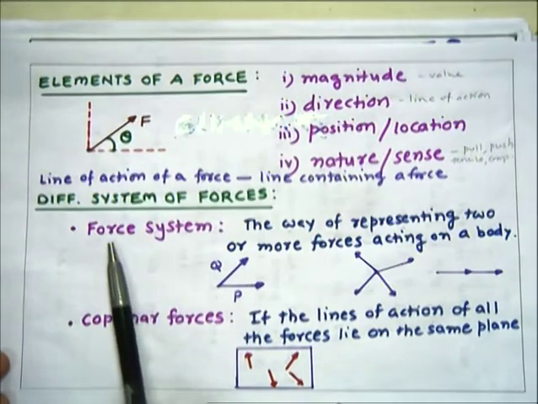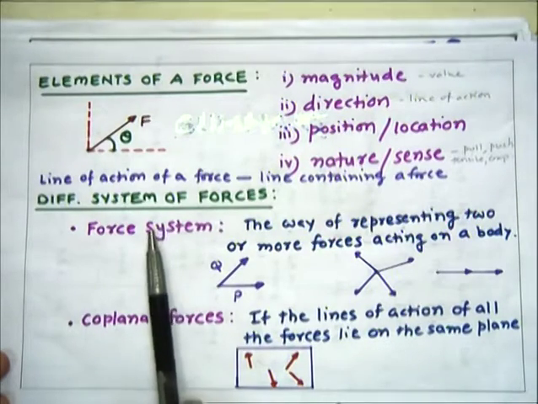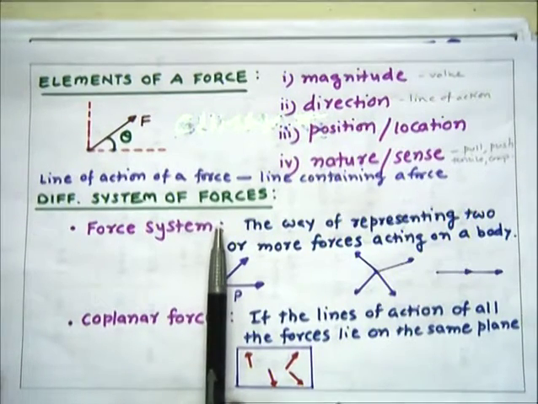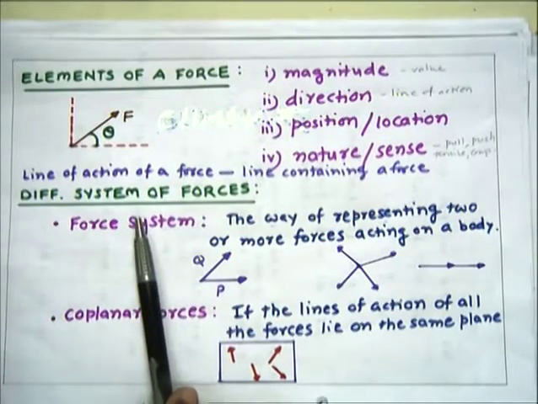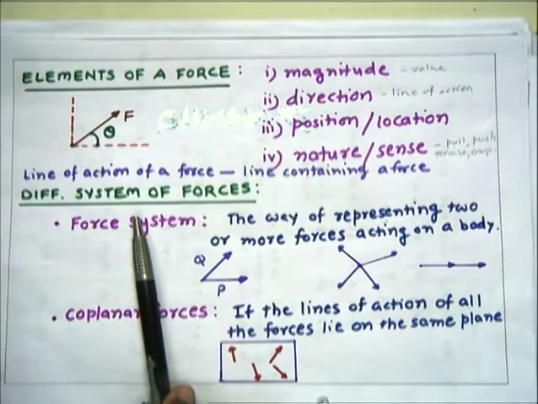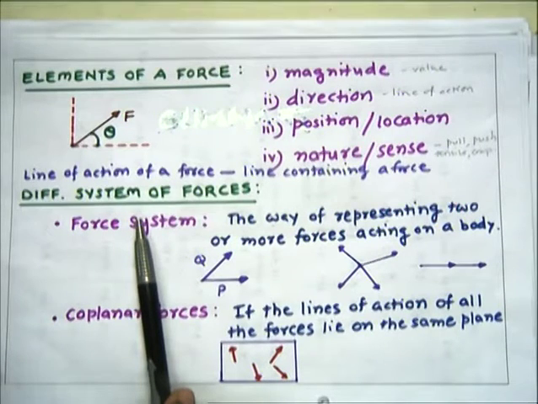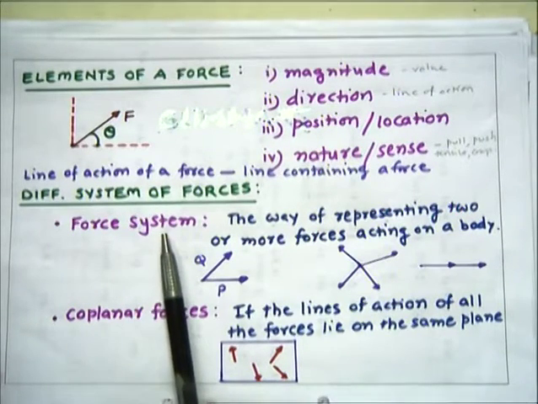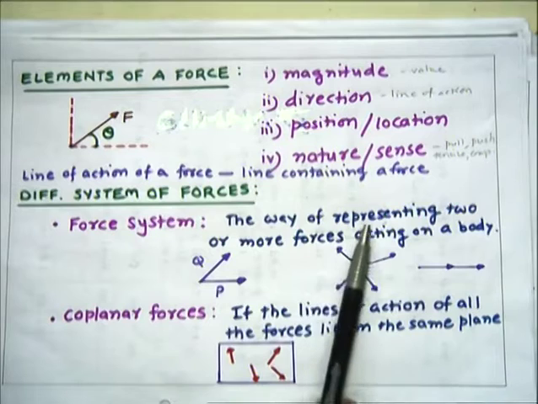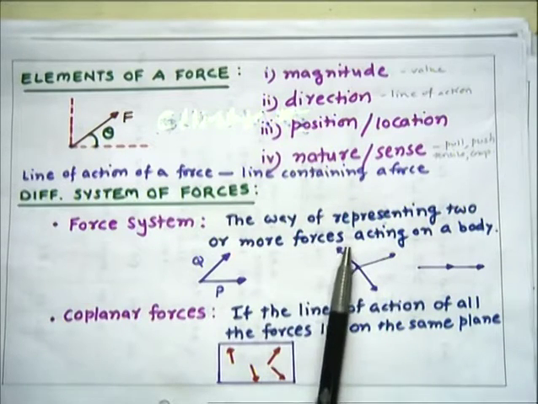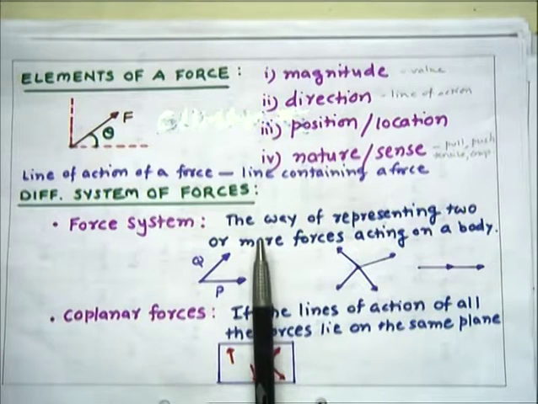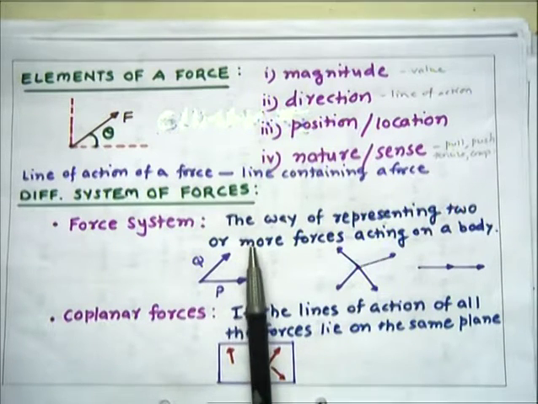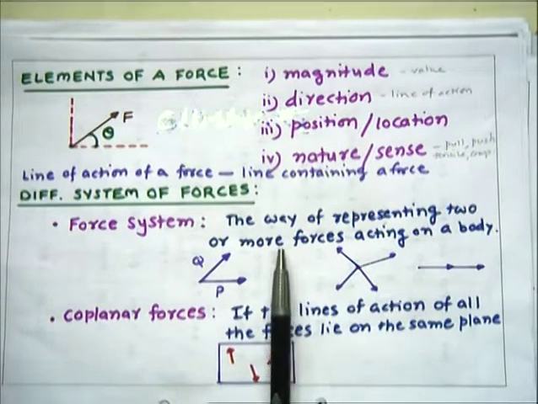Then we discuss different systems of forces. For knowing different systems of forces, we need the definition of force system. So what is a force system? It is the way of representing two or more forces acting on a body, because we deal with two forces or more than two forces, or even a single force.